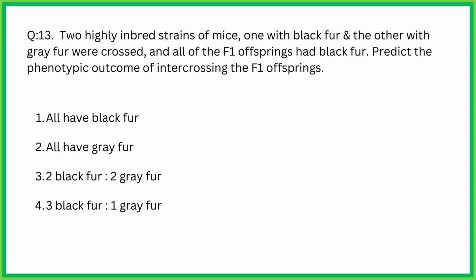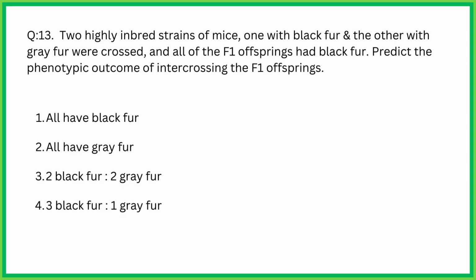Now, when we cross the black fur mouse with the grey fur mouse, we get a combination of black fur and grey fur alleles in the genotype. But the phenotype will be black fur, because black fur is a dominant trait.